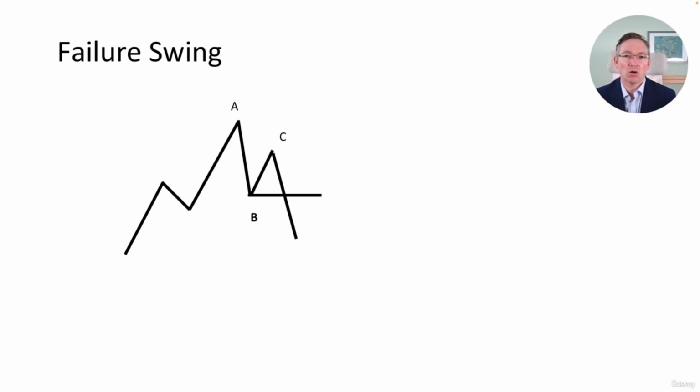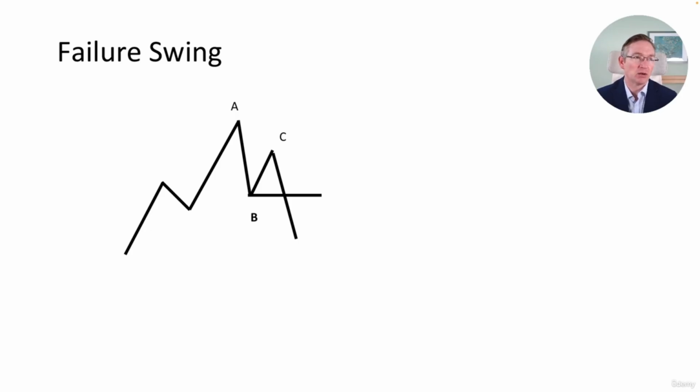But the real world is not as straightforward as it is on charts like this. This is the principle, and you have to interpret it based on market dynamics, macroeconomics, etc. But the principle is sound. When you've got that point B being broken, that shows you the uptrend has now broken.